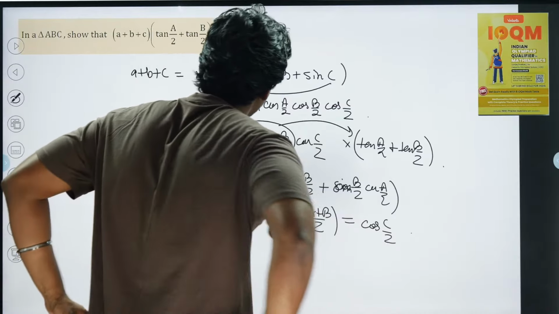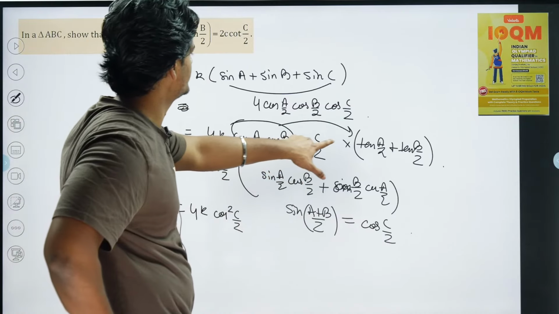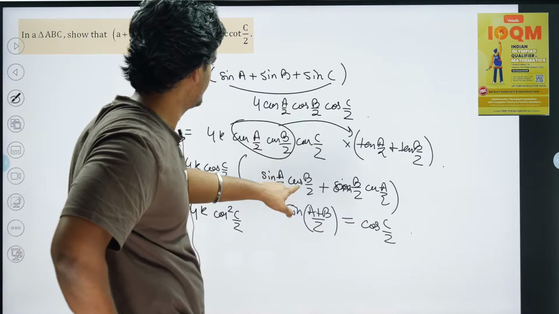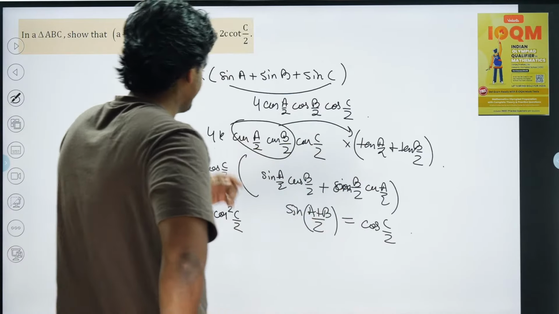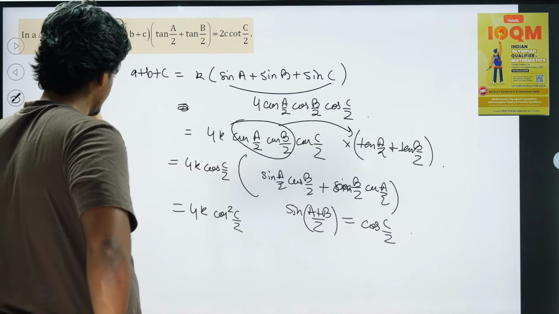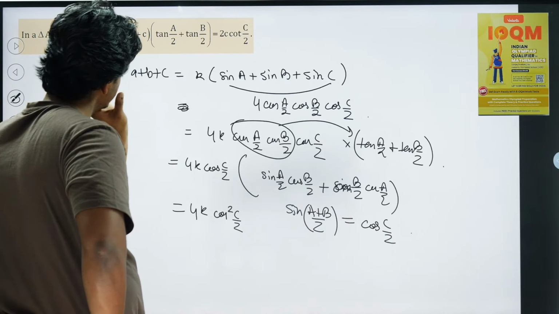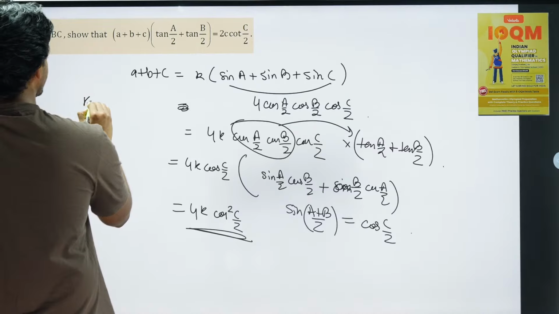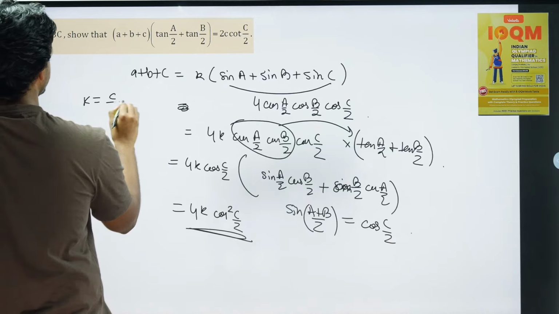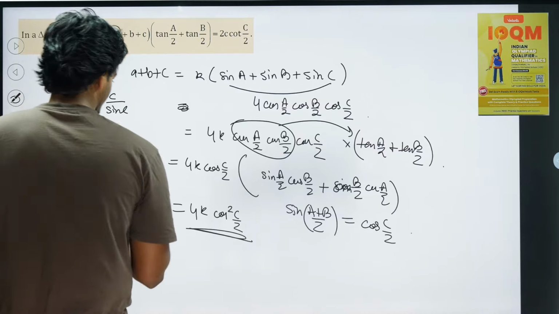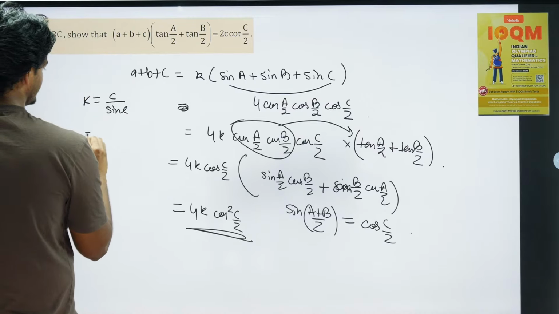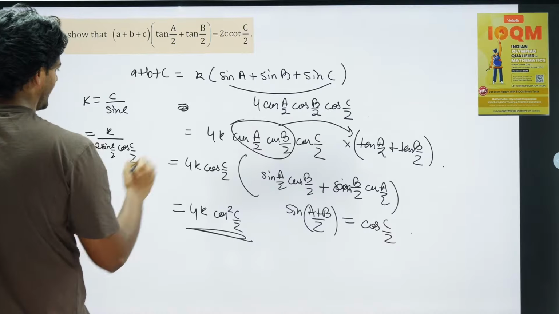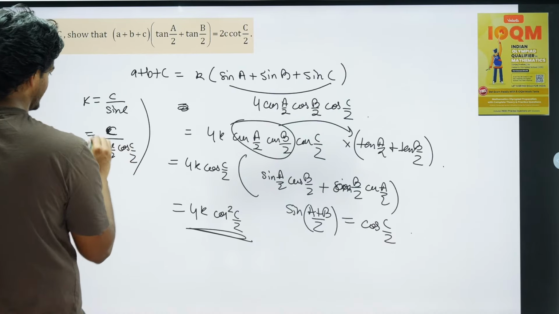Now this k is c by sin C also, right? So I can write k as c by sin C, which is c by 2 sin C/2 cos C/2.